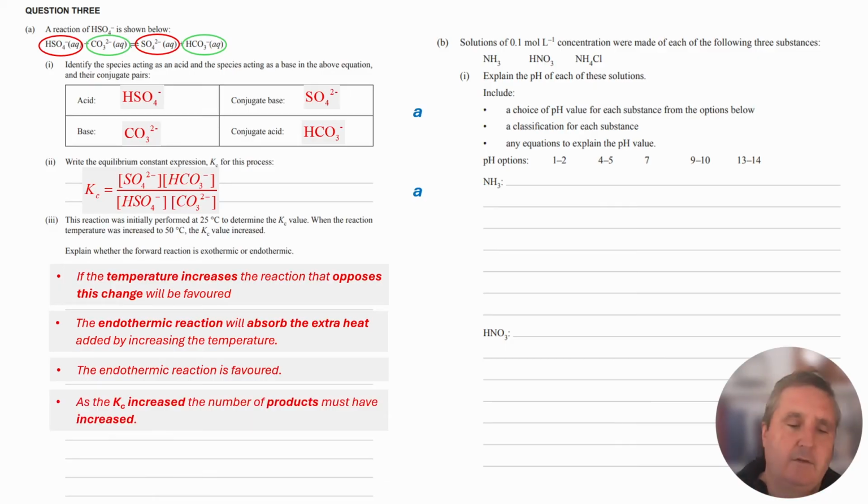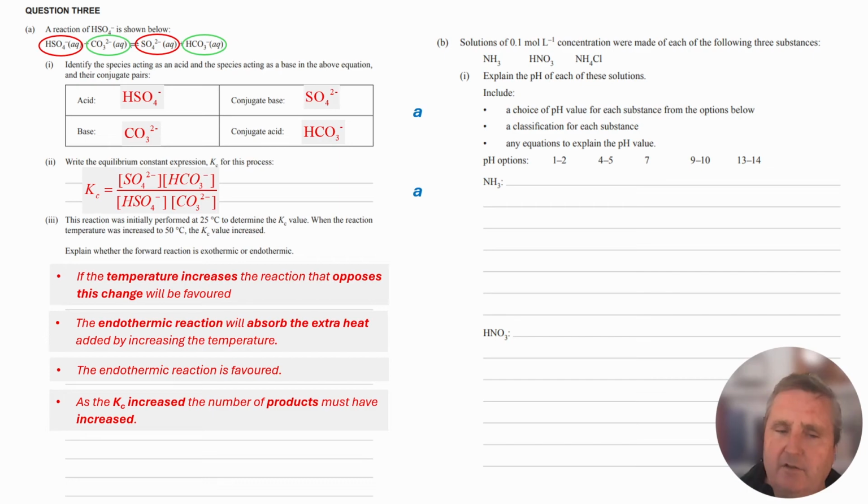Now we know that the endothermic direction is favored. Sorry, this is a different argument. Because the Kc increased, and remember the Kc is the products over the reactants, we must have had an increase of the products and a decrease in the reactants.